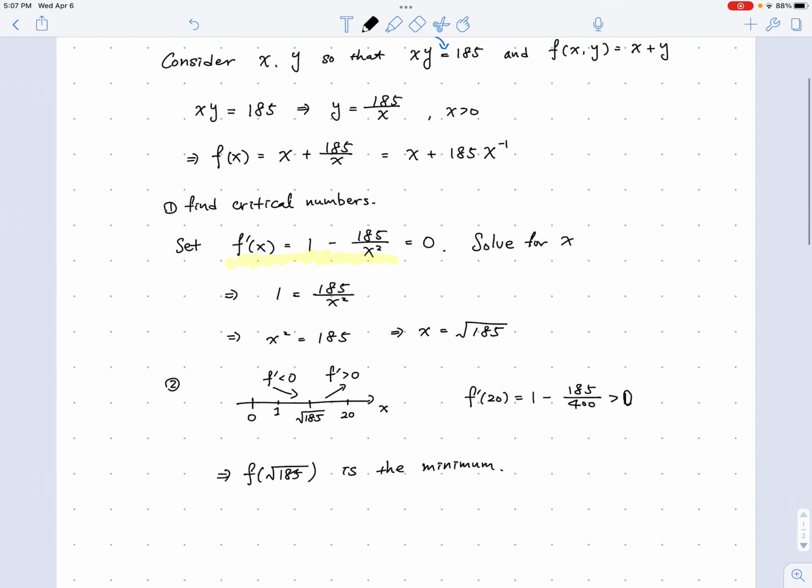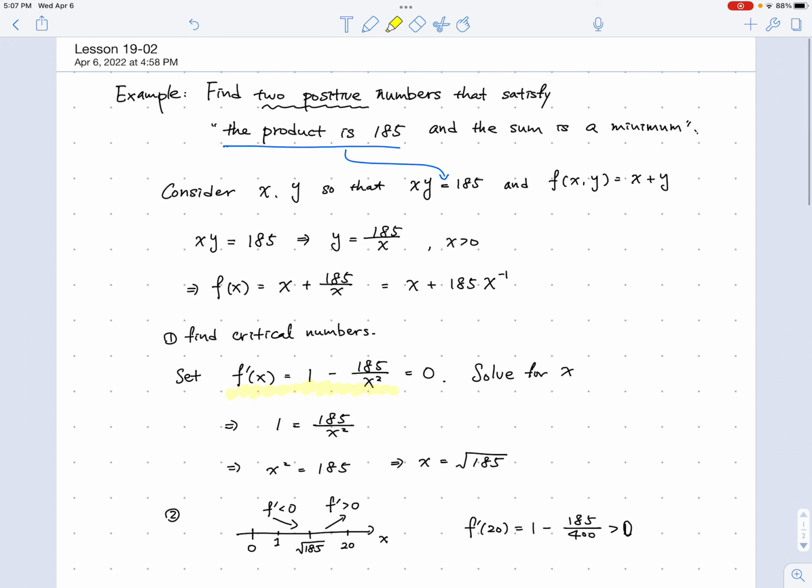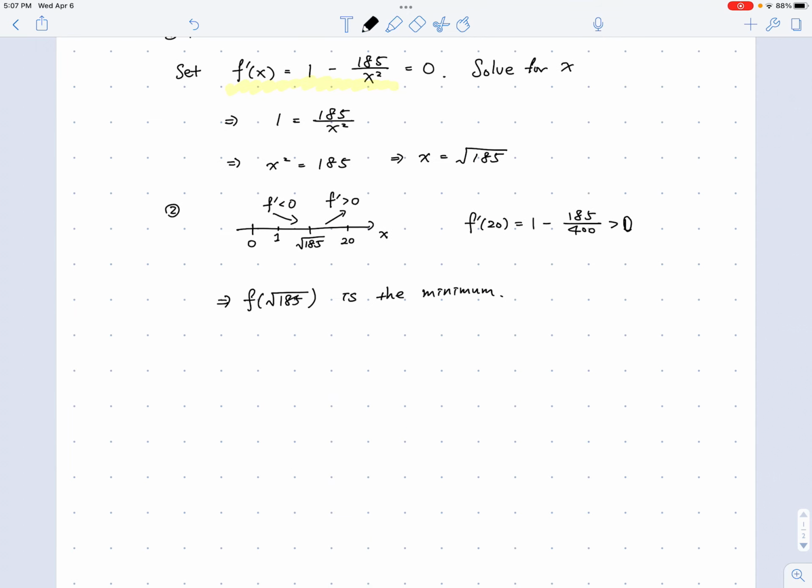Now, to answer the question, we need to look again at what it is that we're looking for. So here it says find the numbers so that the sum of these two numbers would be a minimum. We're not looking for which number is the minimum value, but we're looking for which x and y would give us the minimum sum. So therefore, to write down the final answer, we need to also find the y.